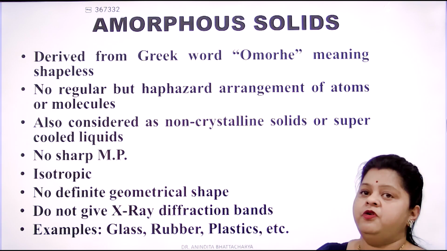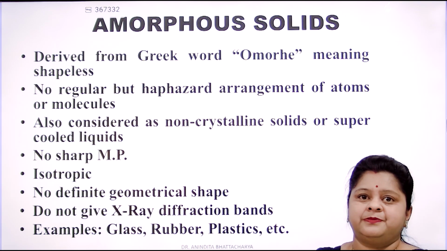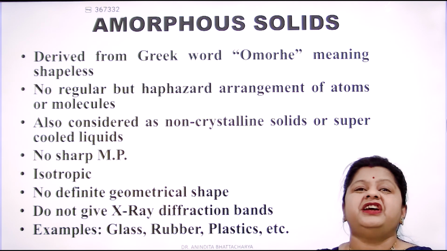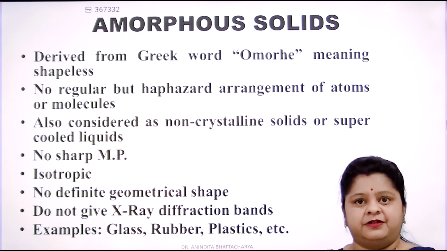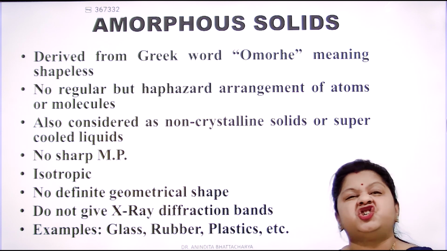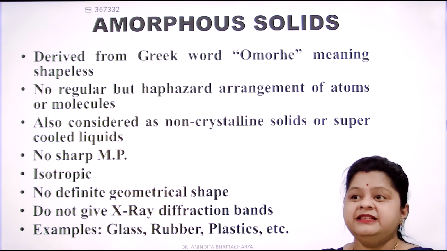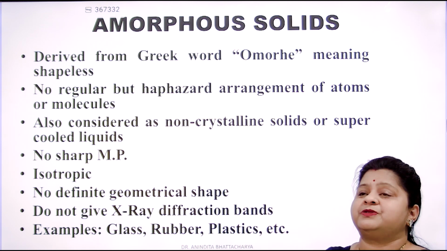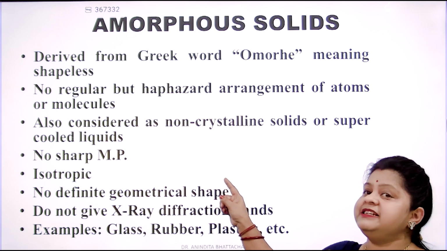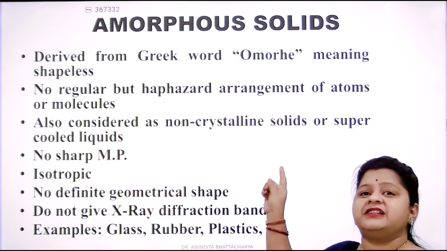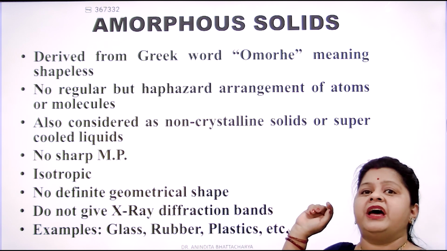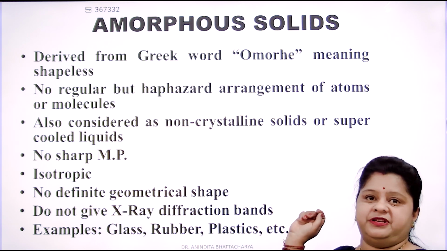Now if I move over to the amorphous solids. The word amorphous is derived from a Greek word, omorph, which means shapeless. That means they have a haphazard arrangement of molecules and are considered not crystalline in nature. They are also known as supercooled liquids.